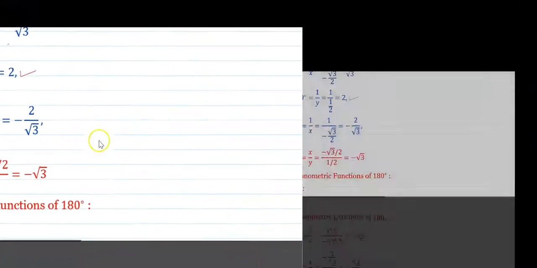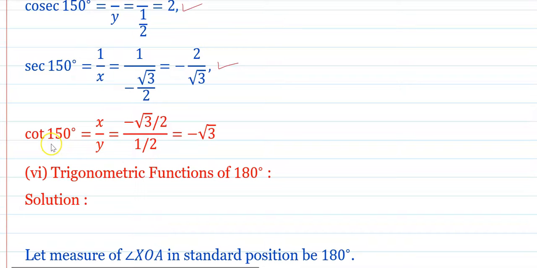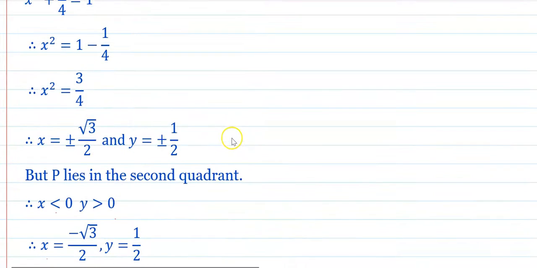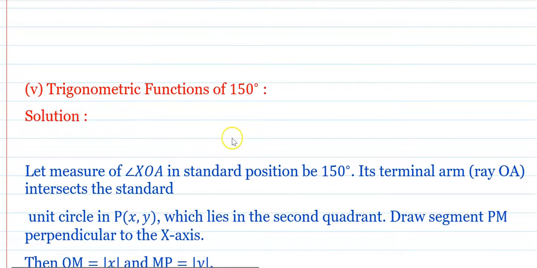Sec 150, that is 1 upon x, is equal to 1 upon minus root 3 by 2. पुन्हा त्याचा reciprocal किती येणार? Minus 2 upon root 3. Cot of 150, that is x upon y. Minus root 3 by 2 upon 1 upon 2. 2 get cancelled. You will get minus root 3. And in this way, we have the trigonometric functions of the angle 150.